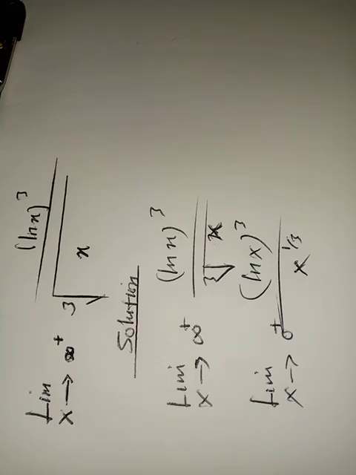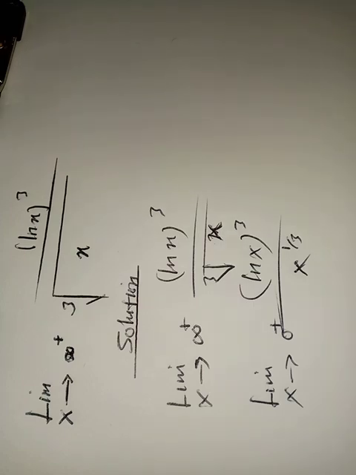By so doing, the next move is to differentiate the numerator independently as well as the denominator independently, because if we replace directly, we might get an infinite, or rather an undefined expression.